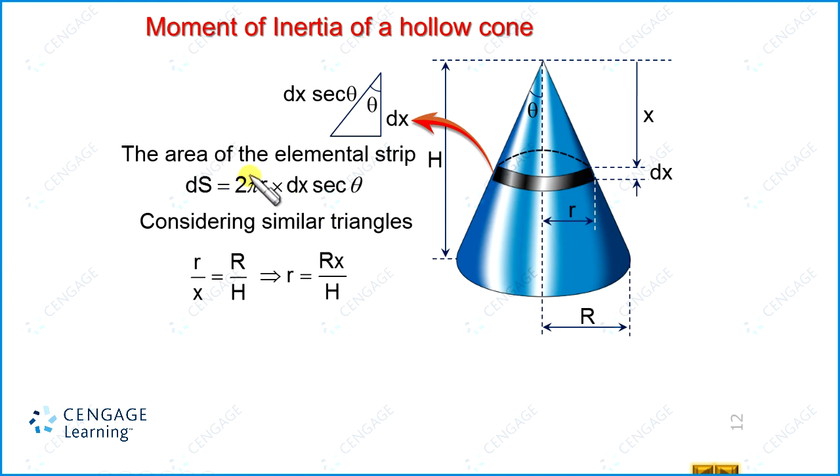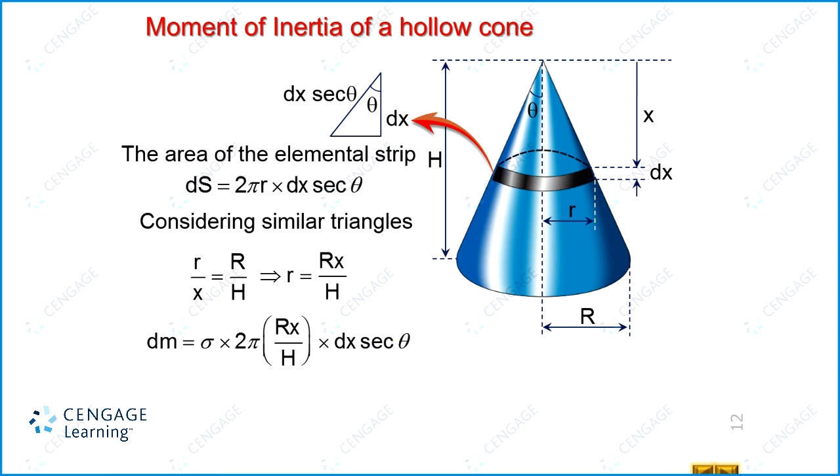Now we can find the mass of this elemental ring. How to calculate the mass? If we know the surface mass density and multiply it by this area, we can find the mass of this elemental ring, dm. This is the surface mass density and this is the area. Okay. Sec theta we can calculate.